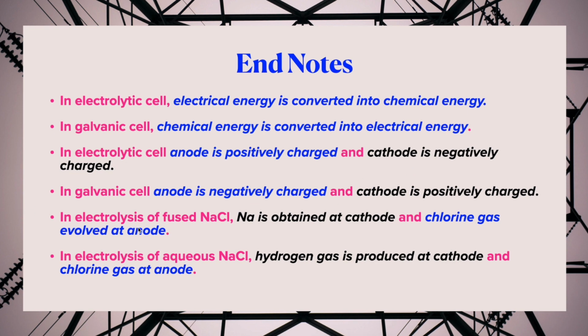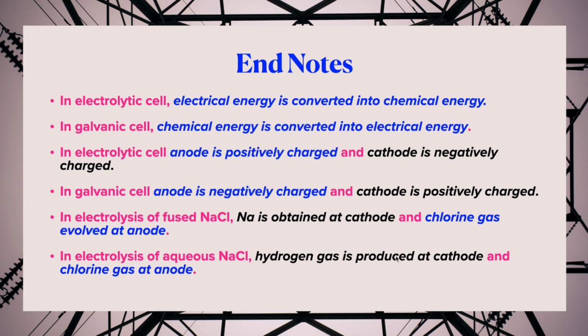Now, in electrolysis of fused NaCl or molten NaCl, only Na plus ion and Cl minus ions are present. Here, sodium metal is obtained at cathode and chlorine gas is obtained at anode. But in electrolysis of aqueous NaCl, hydrogen gas is produced at cathode.